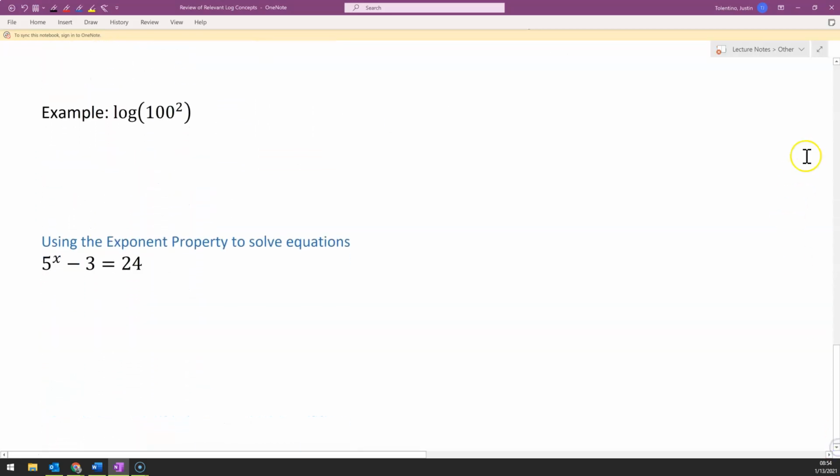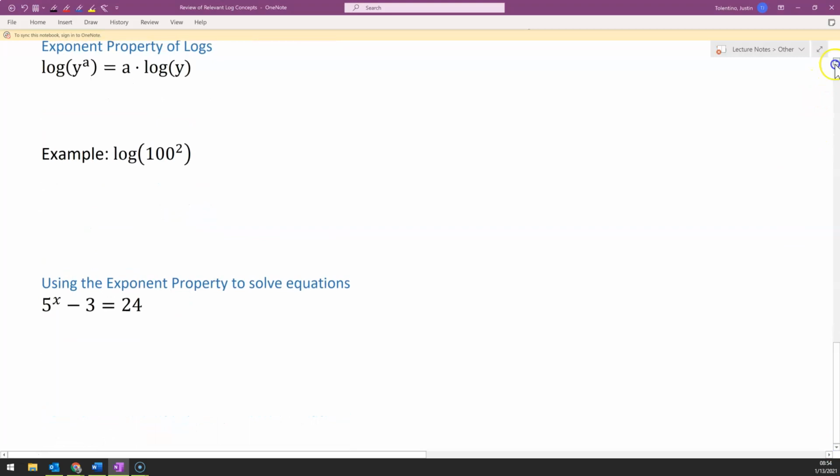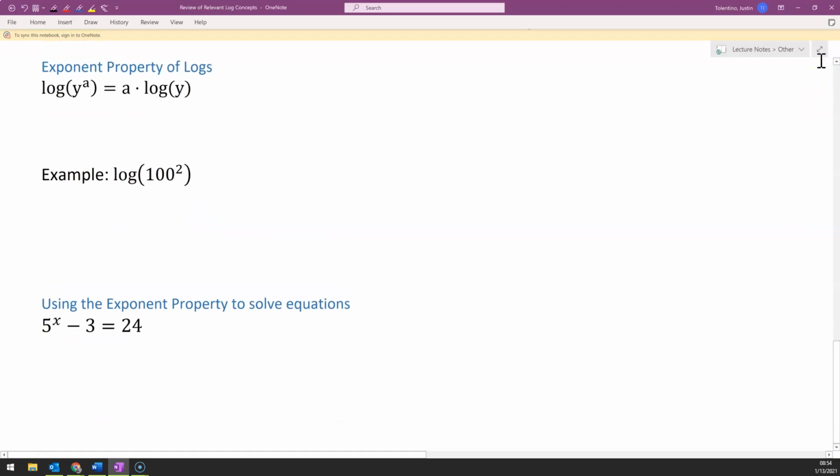So what does the exponent property of logs tell us? It tells us if there's an exponent and we take the log of it, we ask what's the exponent on base 10? Well, it doesn't matter if this is a base 10 or base y or base 5 or any base that we want. What the property tells us is if there's anything in the exponent already and we take the log, well, we can just move that to the front, right?